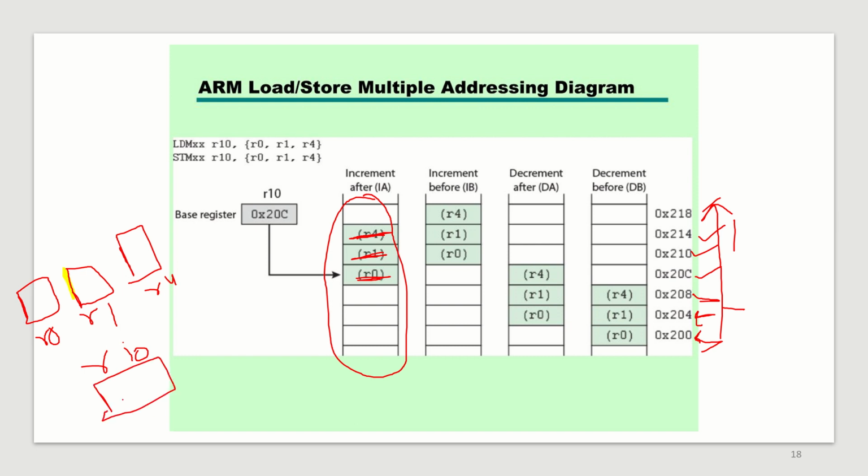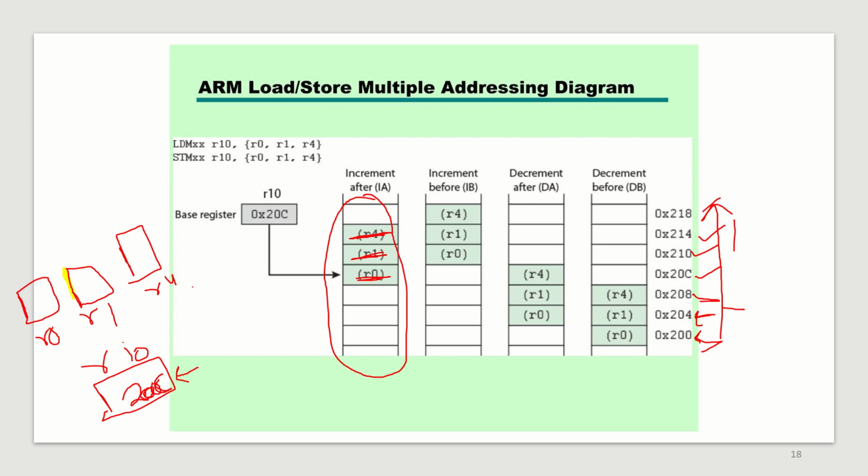Initially in R10 the value 20C is stored. So this is our pointer register. There is no such name as pointer register, I'm just using it. Means this is used to store the address. There is no difference in these registers R0, R1, R4, R10. All are similar. We can use any register to store the address. Okay.